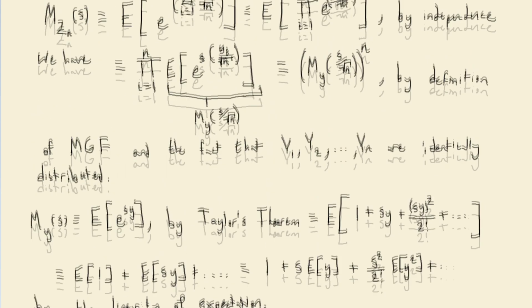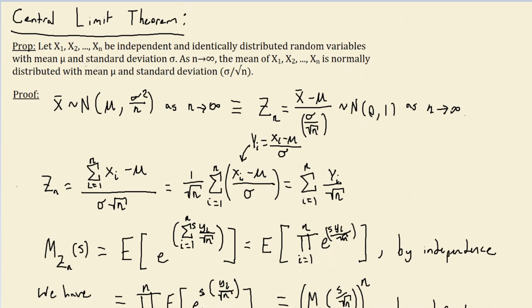But the key thing to realize is that although we don't know much about the distribution of x1, x2, all the way up to xn, nor the distribution for x or y sub i, what we do know is that the first moment here, because we've defined this as the normalization of the random variable x, where we're subtracting off the mean, the expected value of the random variable y, should be 0.